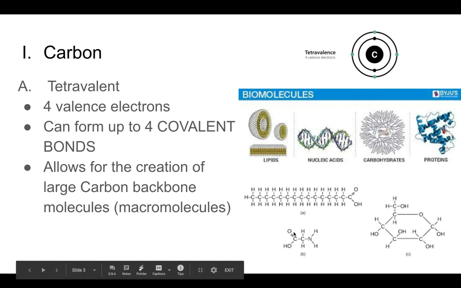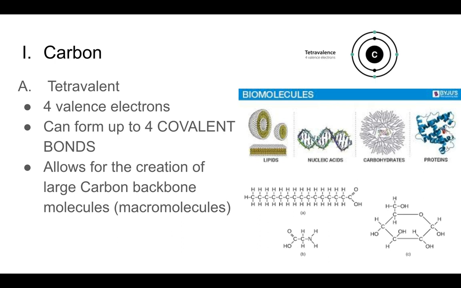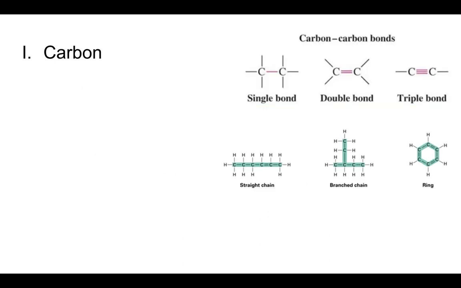Even if you look at this carbon right here, there are still four lines coming off of it. Two of them are in a pair, and we'll talk about what that means in just a second. But here's the third and also the fourth. Because carbon has four valence electrons and can form four bonds, we can make some really cool large molecules.